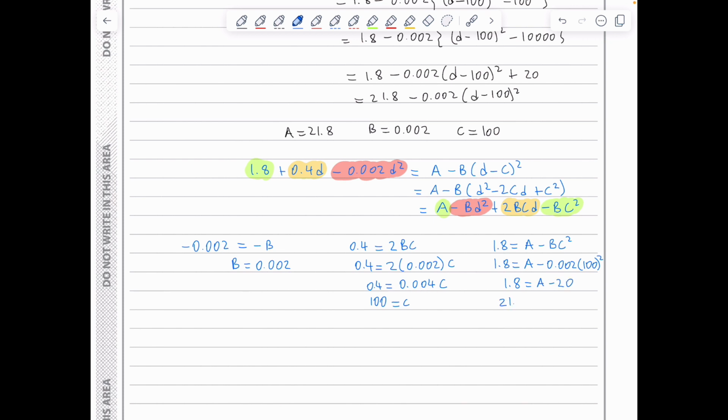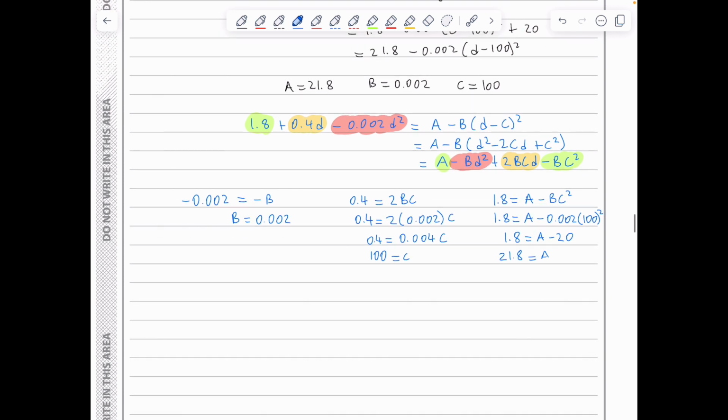So we get that 21.8 is the value of a. So we can conclude that 1.8 plus 0.4d minus 0.002d squared can be written as 21.8 minus 0.002 brackets d minus 100 all squared.